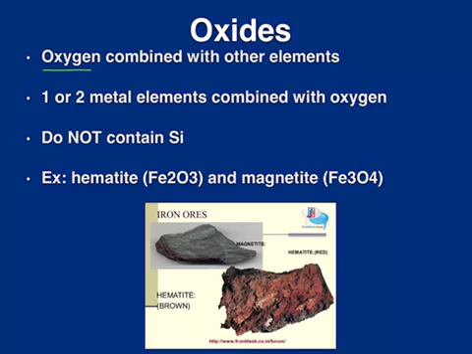Oxides are made up of oxygen combined with other elements. Usually 1 or 2 metals will combine with that oxygen. However, it does not contain silicon. So for example, we have hematite and magnetite. They're very, very similar if you look at their chemical compositions. Hematite has 2 iron atoms, where magnetite has 3.